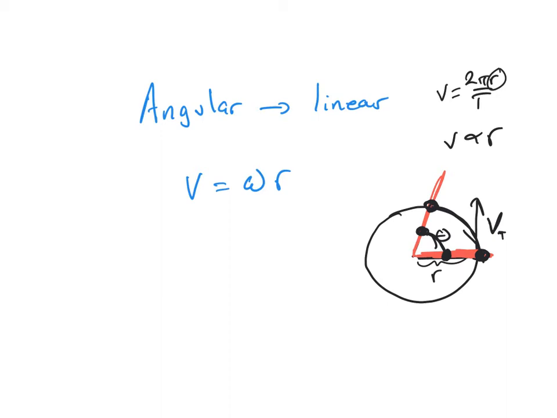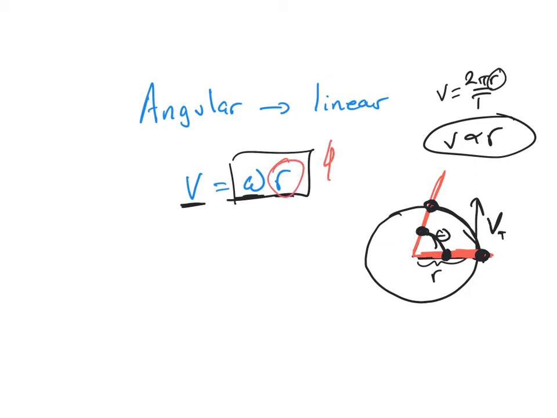And as I said, the tangential velocity is proportional to the radius. And so if we want to determine the tangential velocity at some radius at a given angular velocity, we simply multiply the angular velocity by the radius. And so again, we can see that at a constant angular velocity, as the radius increases, the tangential velocity will increase as well, right?